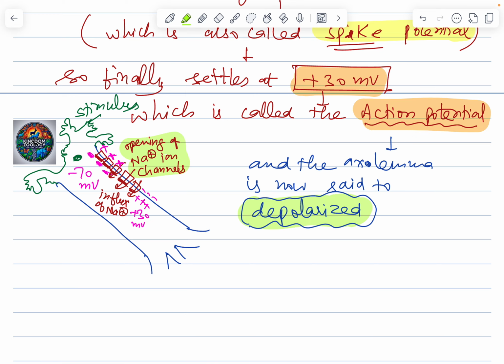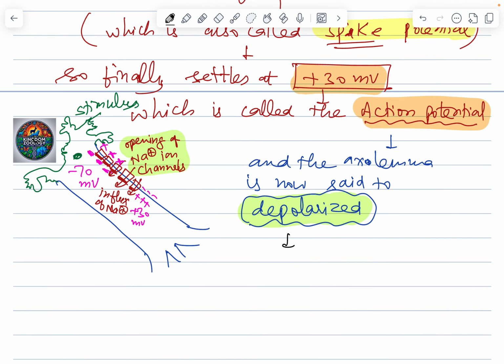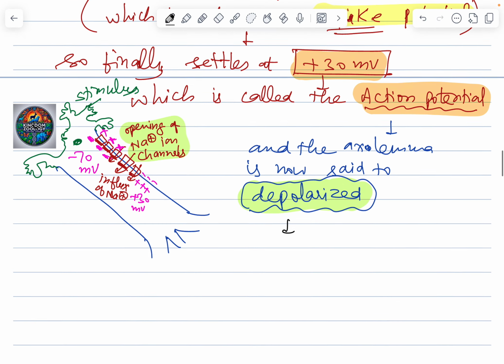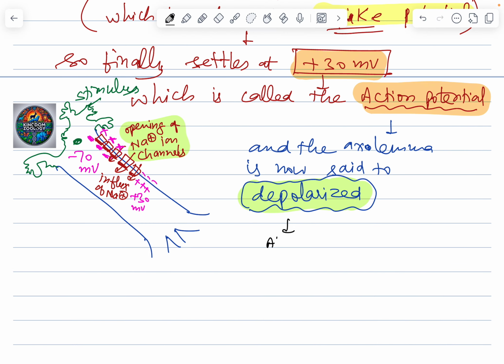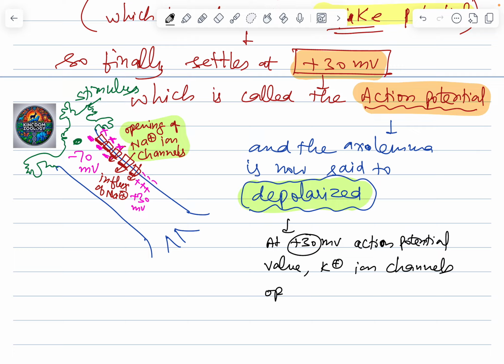I will tell you. That's what I am here for. The action potential never rises above +30 millivolt because at +30 millivolt action potential value, potassium ion channels open.